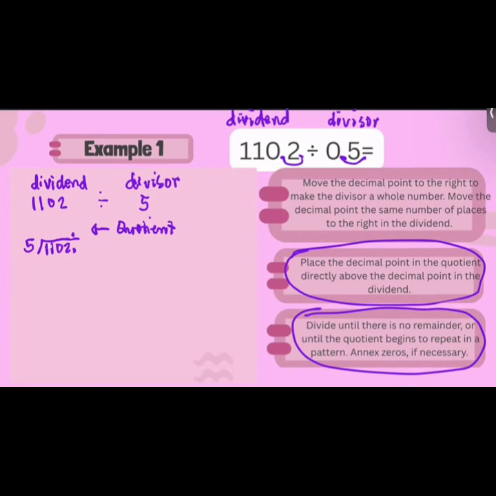So we use the two digits. 11 divided by 5 is 2. So the quotient is 2. We will put it above. Next, multiply. 2 times 5 is 10. Then, proceed with subtraction. 11 minus 10 is equal to 1.